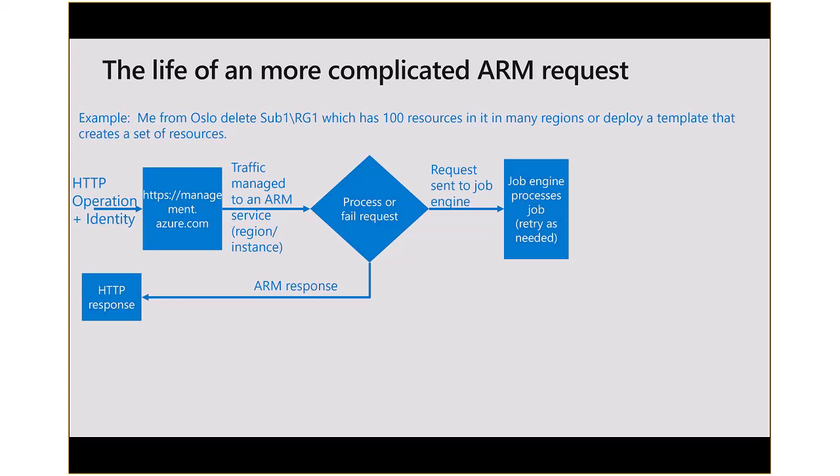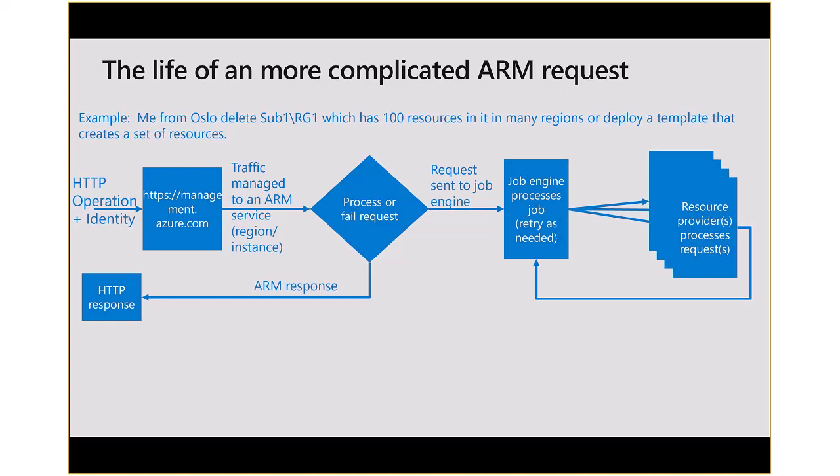Now, it gets registered as a job to the engine, and it talks to multiple resource providers in order to release those resources. Like I said, they're in different regions. So the management.azure.com endpoint makes sure that I end up in the proper region. It always sends my request into the closest one and then into the data centers where the resources actually are.